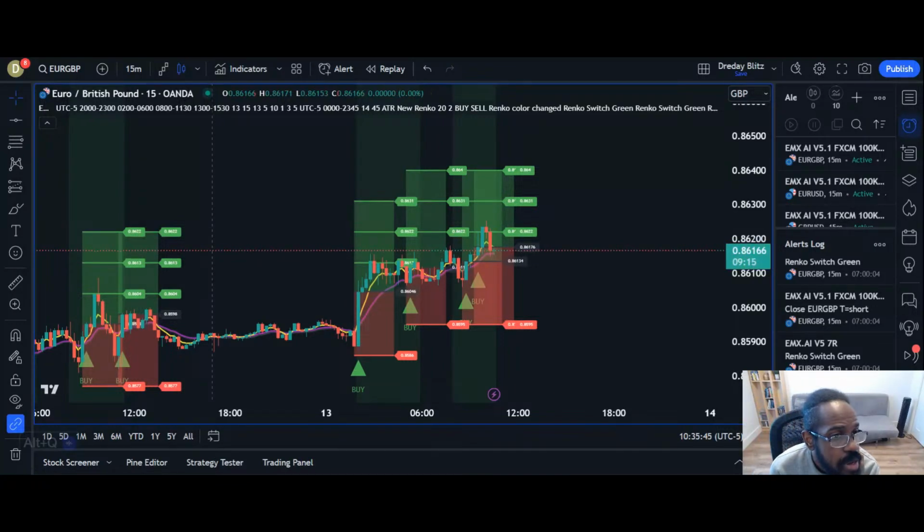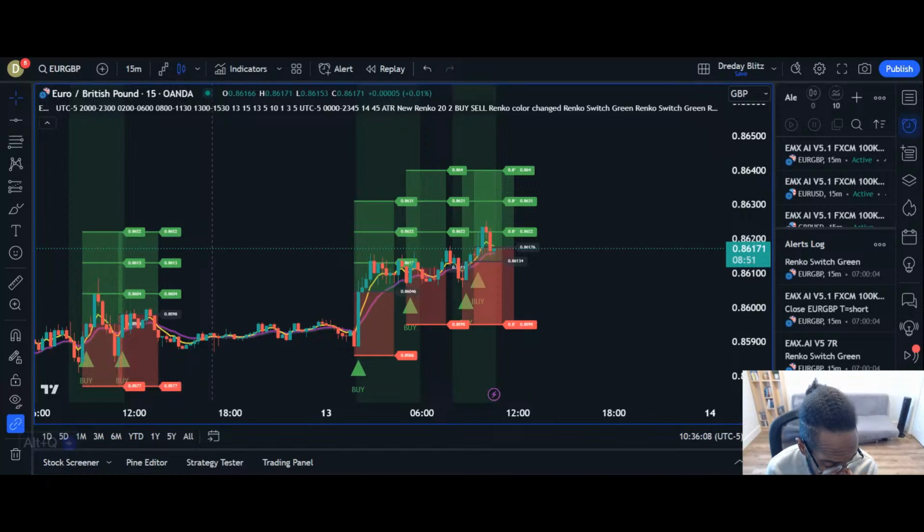So maybe we're gonna have the directional bias for the week for COT going up on GU on GBP pairs, or it may continue down. But we'll wait and see.